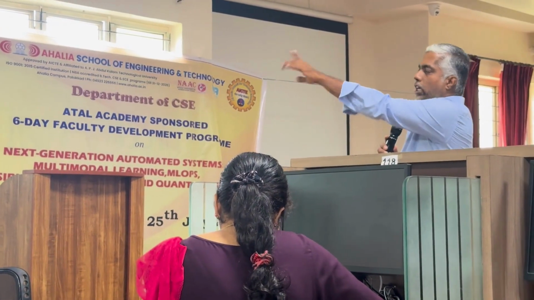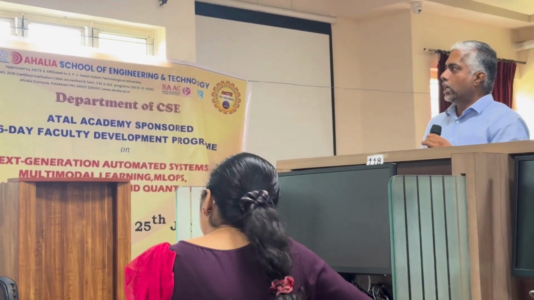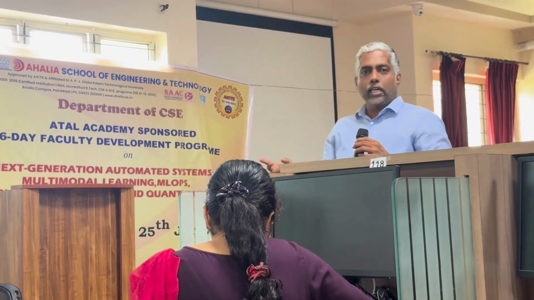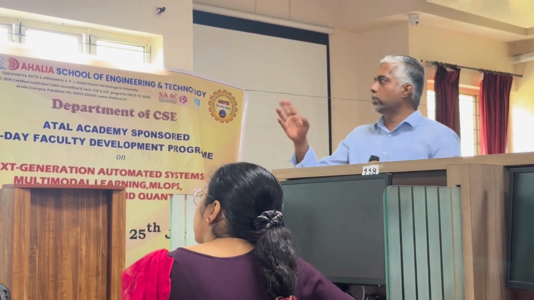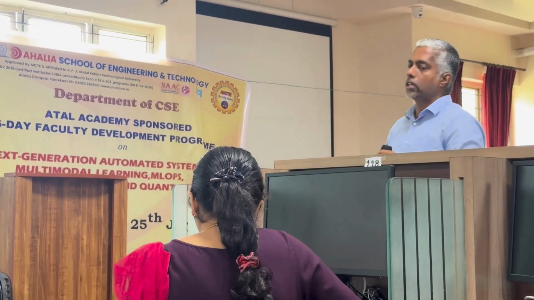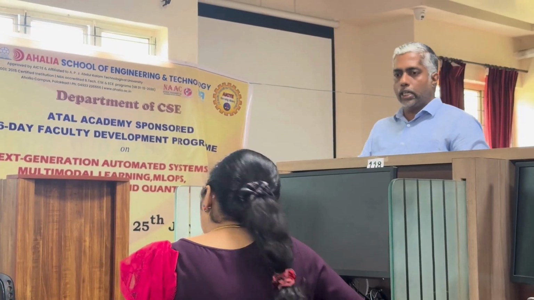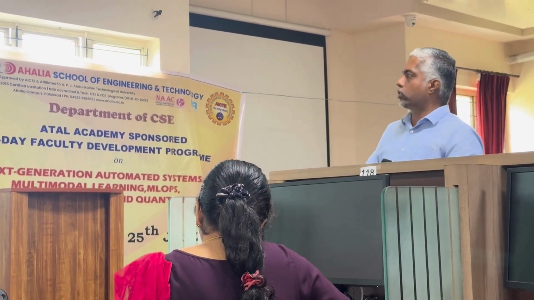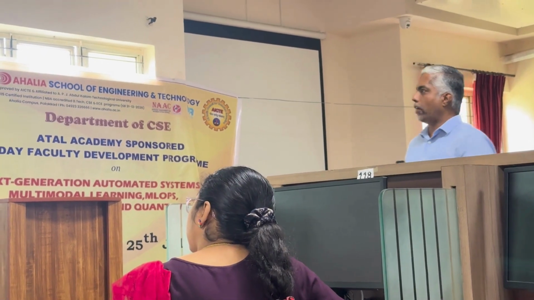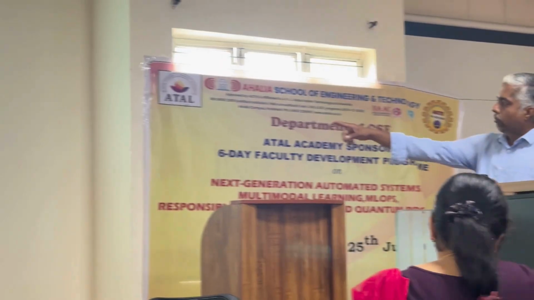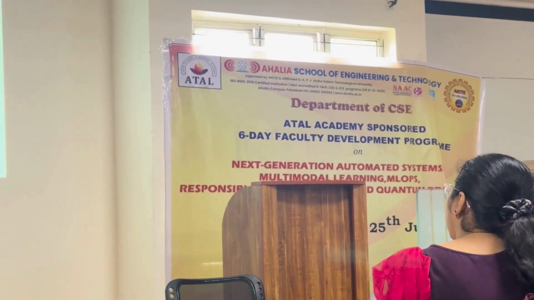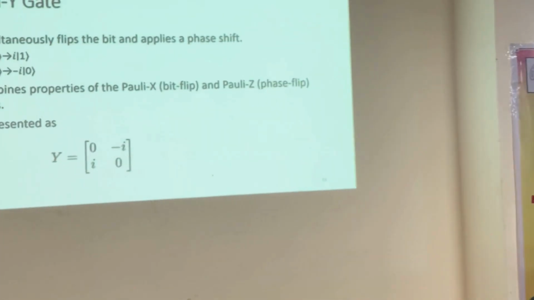If you give 0 as the state, it will change to the 1 state and also change the phase. That is the difference between the Pauli X gate and the Y gate. State flipping and phase shifting are both done, so the resultant unitary matrix is 0, minus i and i, 0.